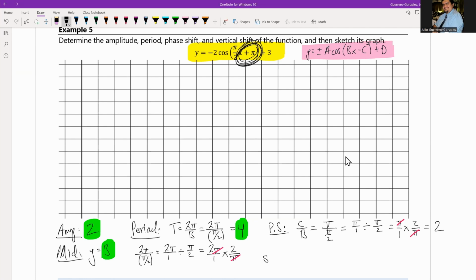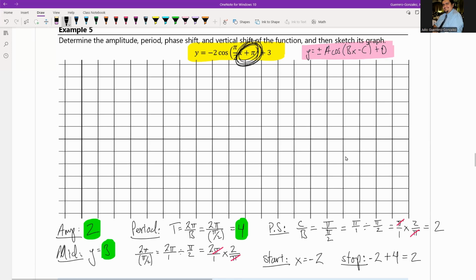My graph is going to start based off of my phase shift. I know I need to pick it up and move it backward by 2. So the start is going to be x equals -2. And the stop for my one squiggle, or in this case my one Karate Kid, is going to be -2, the same thing as my start, plus a period of 4.